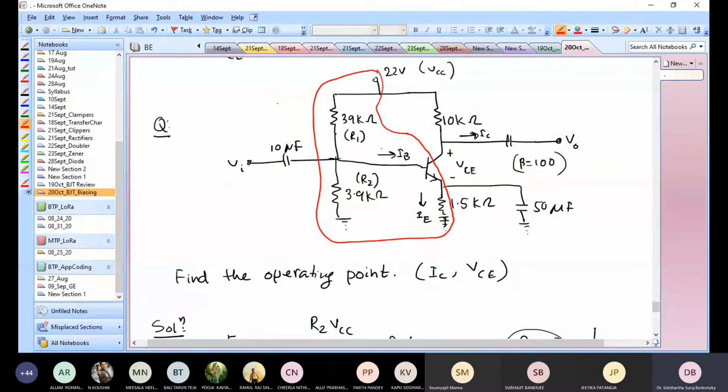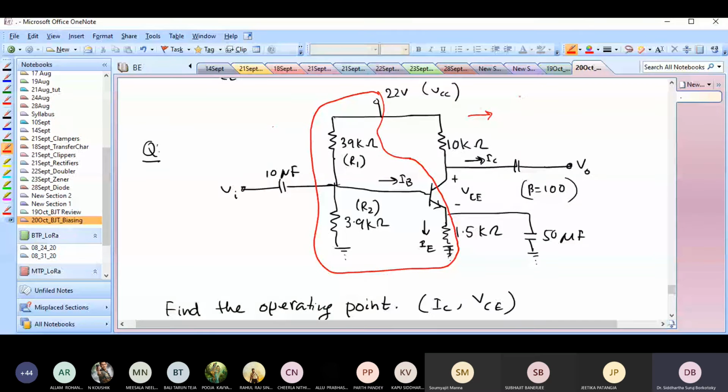Okay, so now this input part, if I write it down, how would it look? It will look something like this, right? 22 volts DC, 22 volts goes to this 39 kilo ohm. And then I have a 3.9 kilo ohm to the ground.